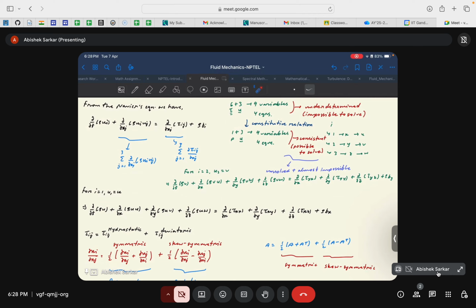By applying the constitutive relationship, I will again let you know what the constitutive relation is, you can obtain the relation between this shear stress and the velocity gradients, and then replace this shear stress in terms of the velocity gradients, and then simplify this equation even further, and that's how you get the Navier-Stokes equation.